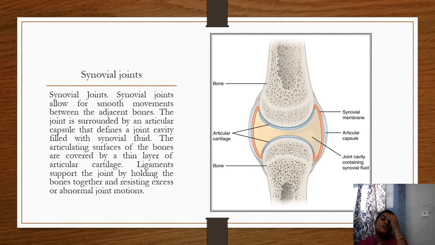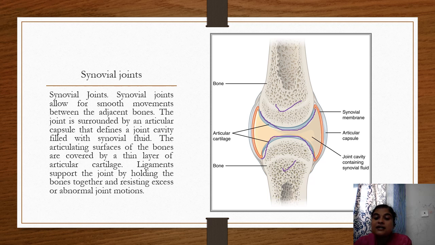Now we have to learn about the synovial joint in the diagram. Here you can see one bone is present here, another bone is present here. In between the two bones, this cavity is called the synovial cavity. The bones are surrounded by the articular cartilage on both sides. By the side portion you can see the synovial membrane, this red color.